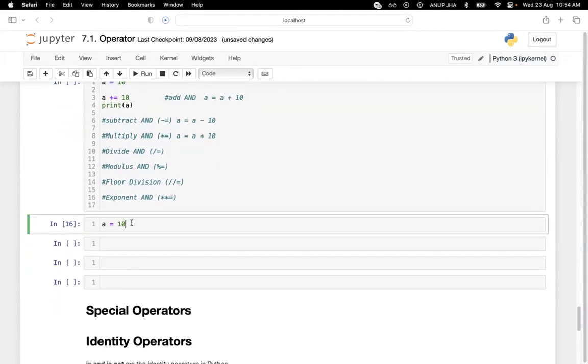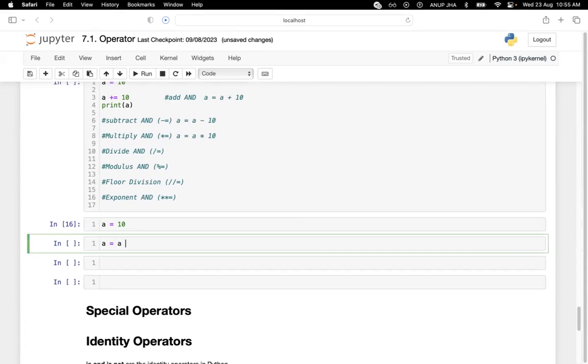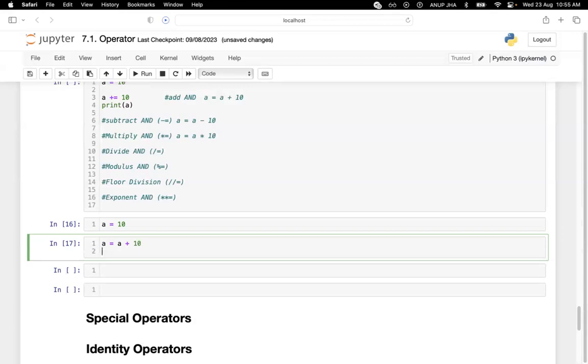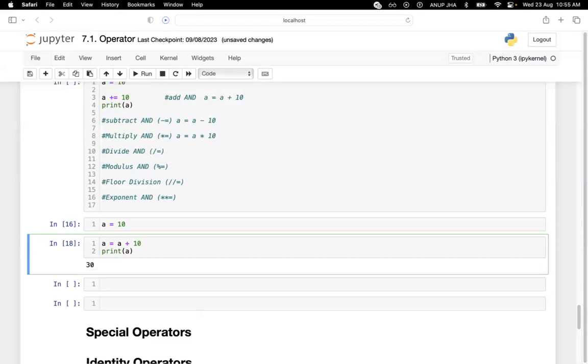What it means is I am assigning a value 10 to A. Now, if I write A is equal to A plus 10, what shall I get? You say 10 plus 10, so I shall get 20. Correct. So if I write this and print A, I will get 20.